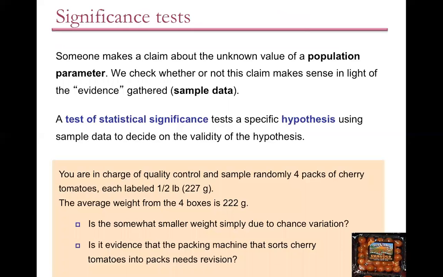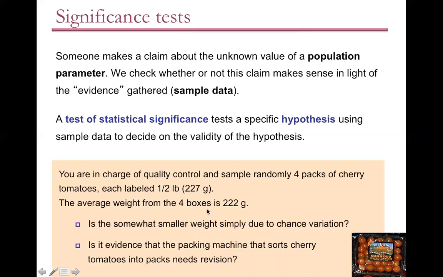So here's an example. You are in charge of quality control and sample randomly 4 packs of cherry tomatoes, each labeled as ½ pound, which is 227 grams.